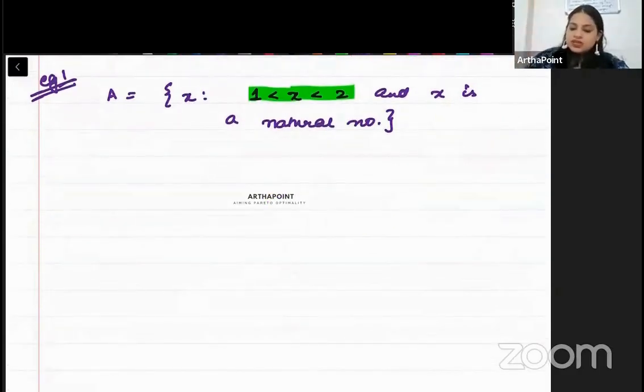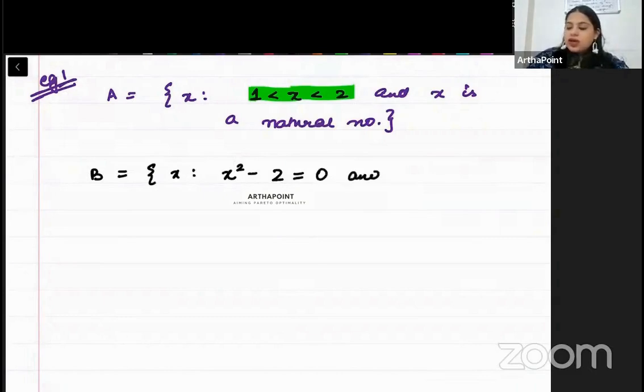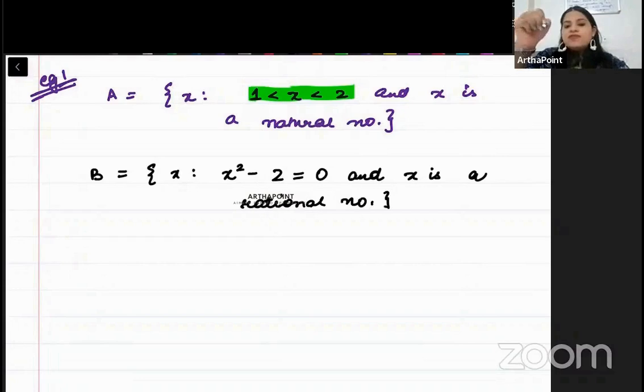Acha beta, take the next example. B. X is such that x square minus 2 is equal to 0, and x is a rational number. ठीक है बेटा, when I say x square minus 2 is 0, what does this mean? इसका क्या मतलब है? इसका मतलब है कि x square is equal to 2.